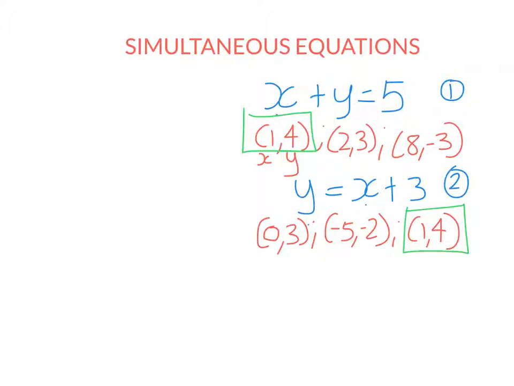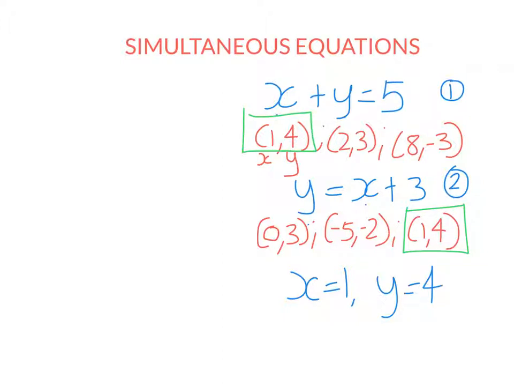So the solution that solves both at the same time is x equals 1, y equals 4. So that's what we're actually looking for with simultaneous equations. A value for x and a value for y that makes both equations true at the same time.